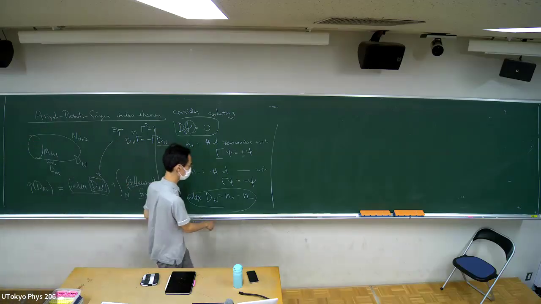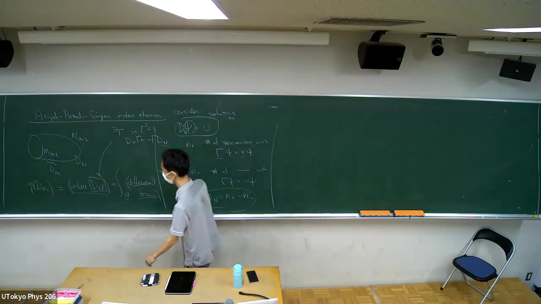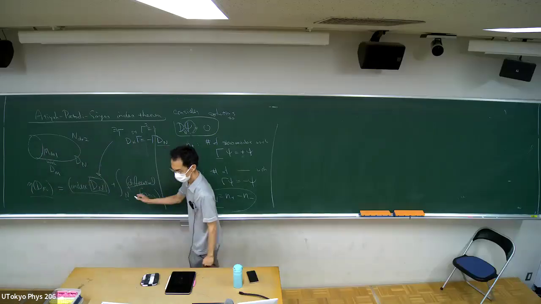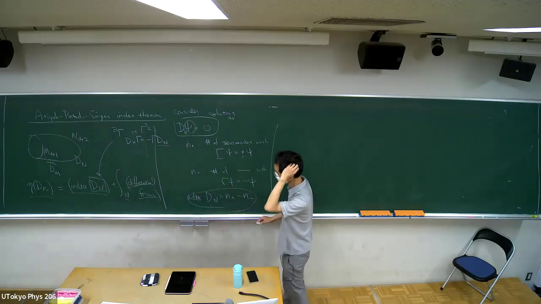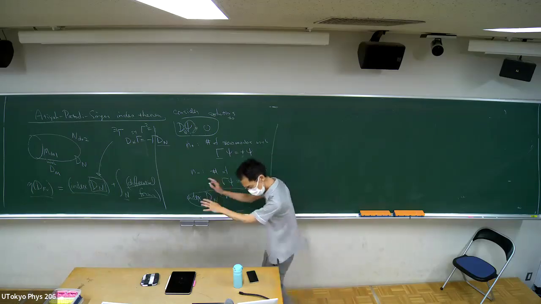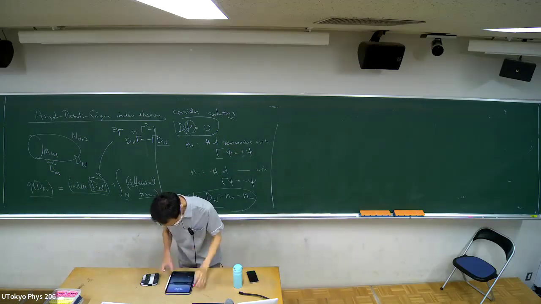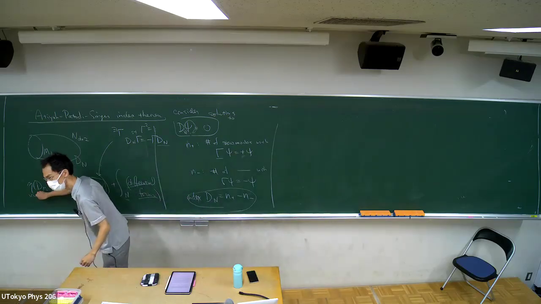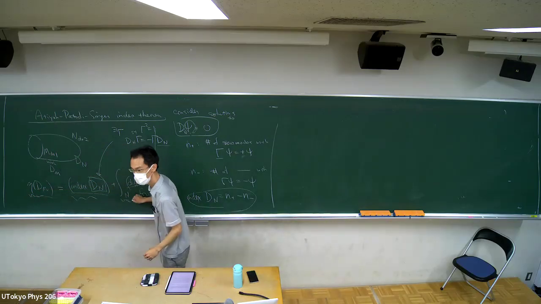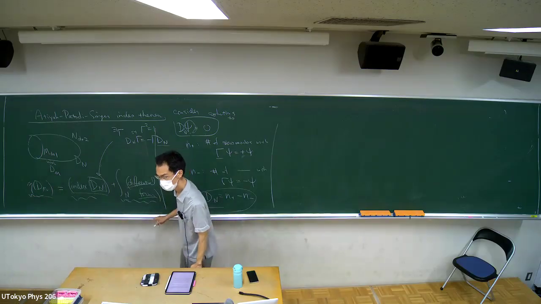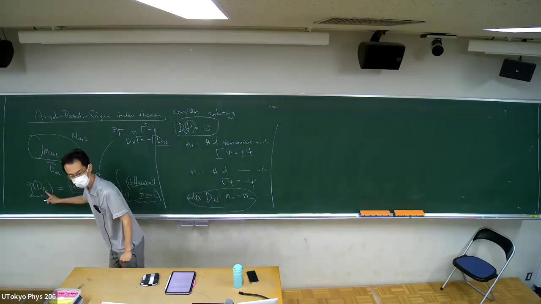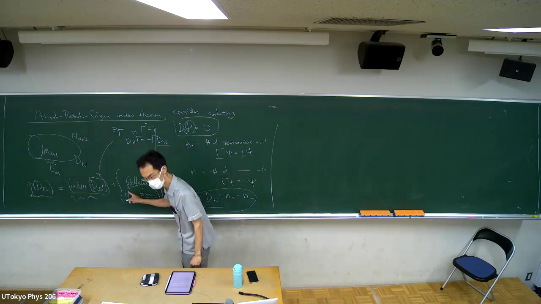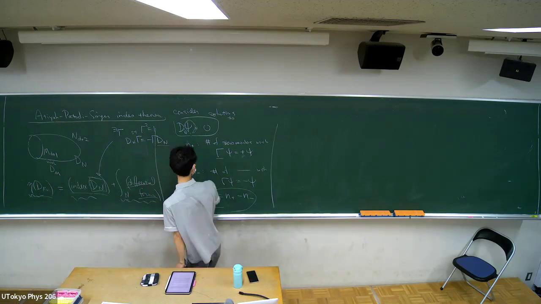But the interesting thing is that this object appears in this theorem. This is too general, so let me give you an explicit example where all three parts can be independently computed, and you can check the validity of this formula.